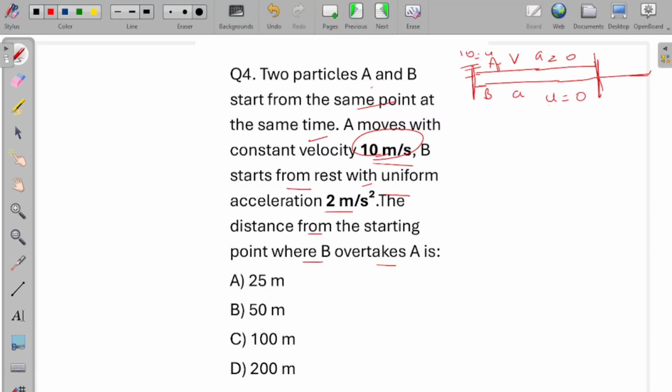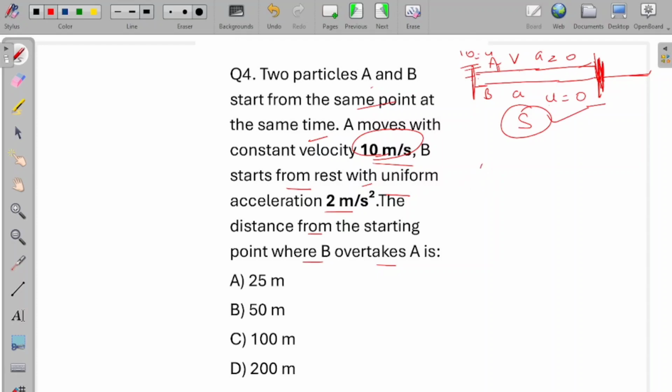Now, this is the point where they both are together and the displacement of both A and B would be same. After that, B would go further ahead and A would be falling behind. But till this point, they are together. Their displacement is same. So S is same and the other things are given here. Let's use this to solve the question now.